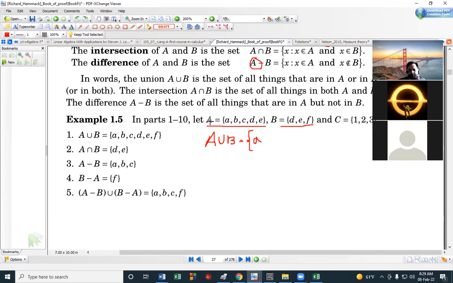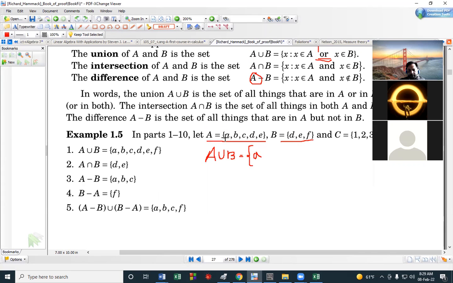See, A is an element of the set A, but it is not an element of the set B. So that's okay. We said an element in A or an element in B. Similarly, B is an element of A, it is not an element of B, still goes in the union. C is an element of A and it is not an element of B, still goes in A union B. But notice D is an element of both of these sets.